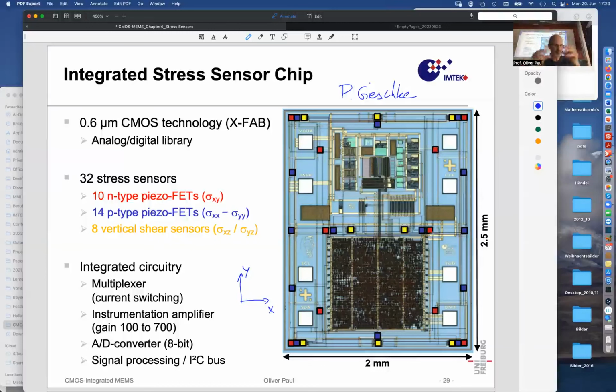And so if you imagine this chip now being embedded in a package and being exposed to forces, to moments, the purpose of this built-in chip is now to extract those forces and moments that are applied to the package.